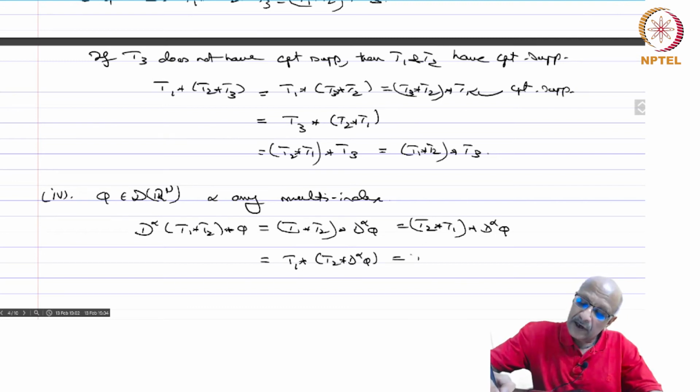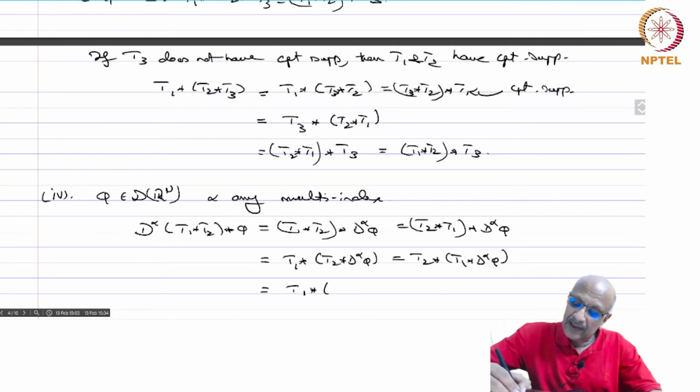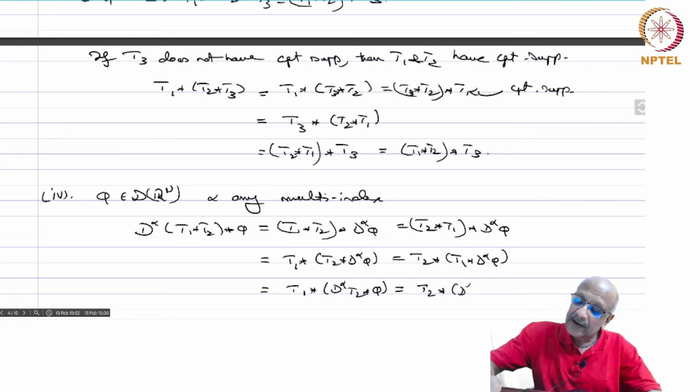and this will be T2 star T1 star d alpha phi, and that is equal to T1 star. Now, inside this I can write this as d alpha T2 star phi. We have already seen that is equal to T2 star. Similarly, I will write d alpha T1 star phi.